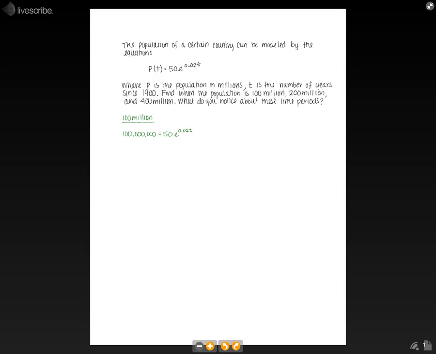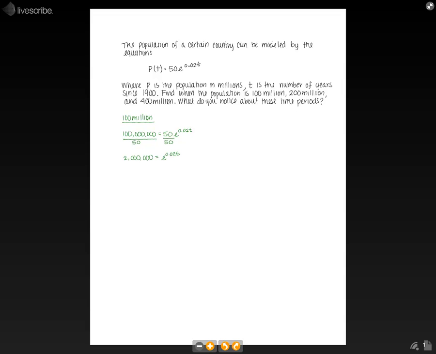The first step is to divide both sides by 50. When you do that, you get 2 million is equal to e to 0.02 t.